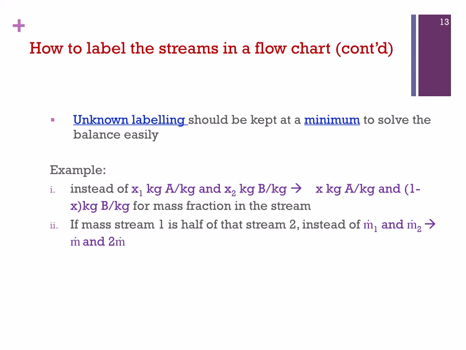Instead of using mass flow rate 1 and mass flow rate 2, you can use this relation whereby stream 1 is m and stream 2 is 2m. Similar to the example of equimolar, one is 0.5 and the other one is 1 minus 0.5. So there is a relation.